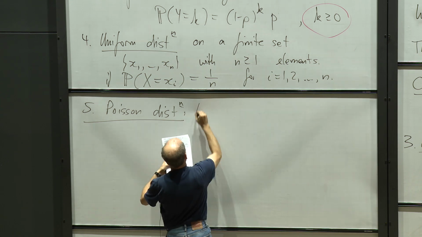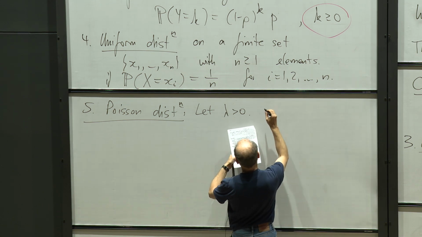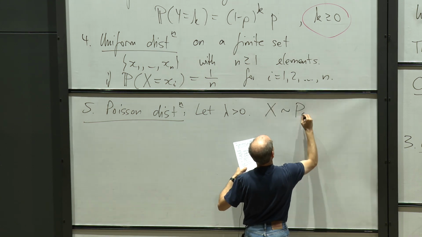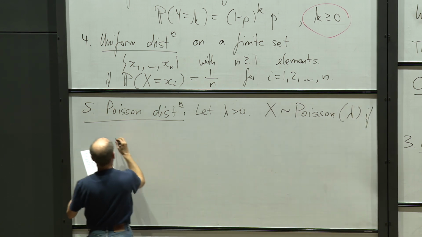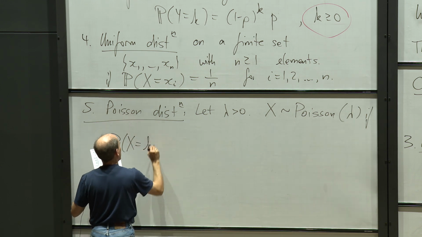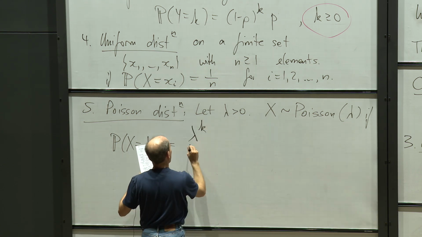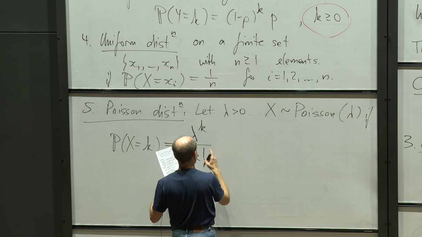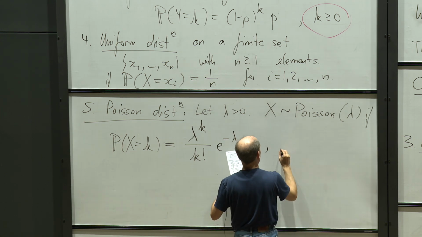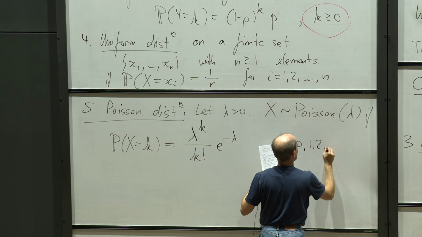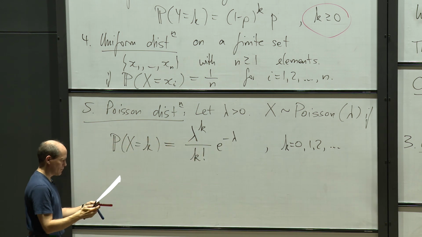We say for a parameter lambda that is positive real here, x has the Poisson distribution with parameter lambda if the probability that x equals k is equal to lambda to the k divided by k factorial, times e to the minus lambda, for k = 0, 1, 2, etc. Natural numbers greater than or equal to 0 are allowed here.